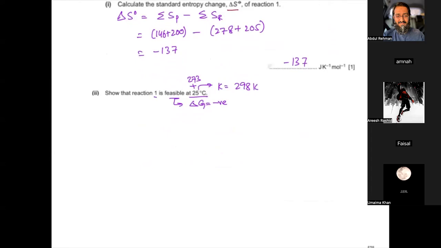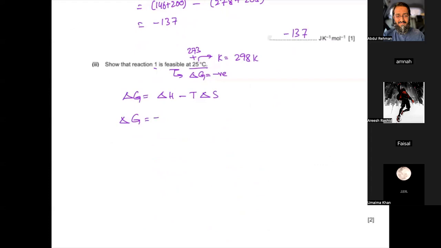So the expression is delta G equals delta H minus T delta S. So delta G equals delta H, which is minus 371, minus T, which is 298, times entropy, which is minus 137. It's in joules, so I divided by 1000 to turn it into kilojoules. Can anyone solve it and tell me the answer? Okay, it is minus 330.174 kilojoule per mole.